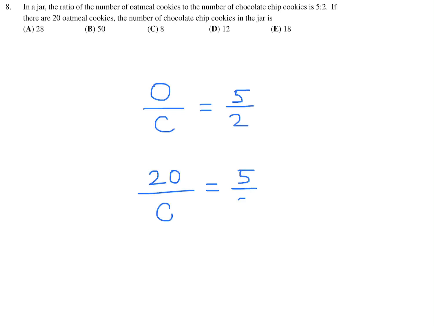So we use that ratio that they give us. Cross multiply, 2 times 20 is 40, 5C, and therefore C will be 40 divided by 5, and therefore C is equal to 8. So there's 8 chocolate chip cookies. So number 8, the answer is 8, which is choice C.